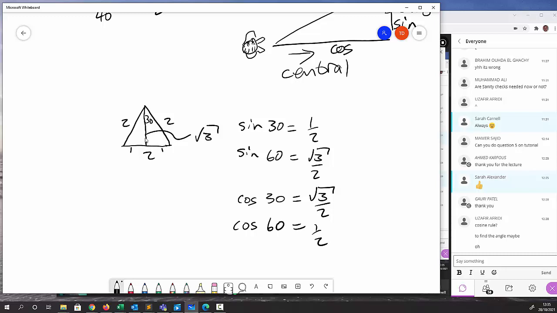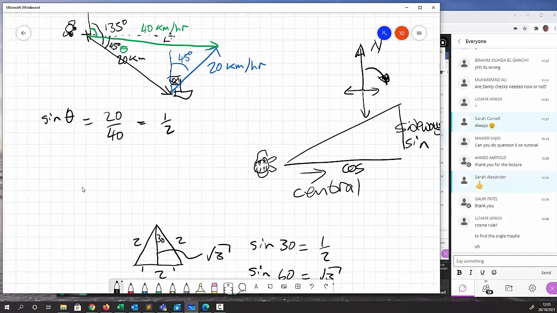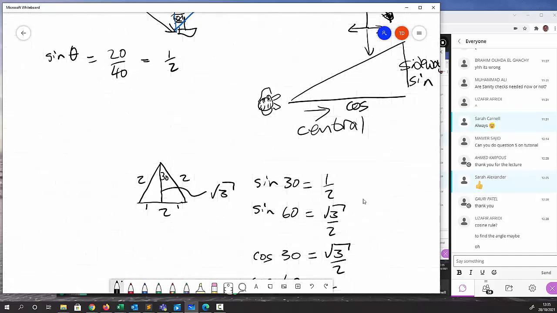So that is one standard triangle that you can calculate these things without even having a calculator. So just remind ourselves, sine 30 is a half, so that means I can say here that theta is equal to 30 degrees.